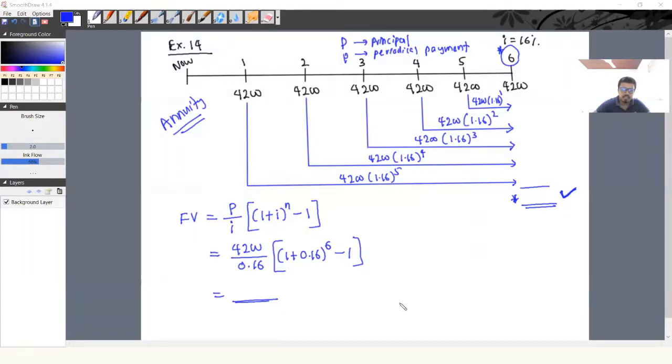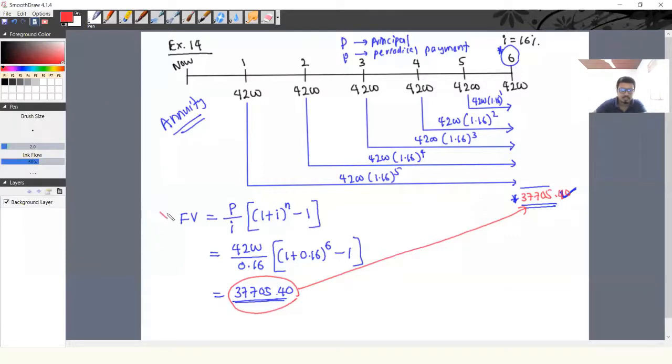That is 37,705.40. It means this value here should be the value, 37,705.40.